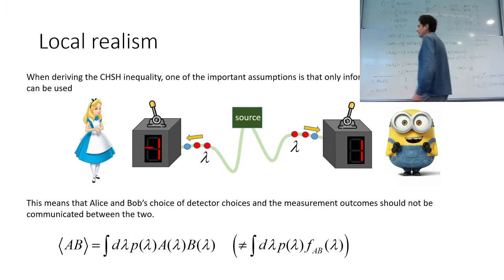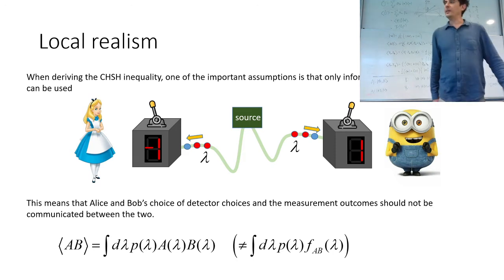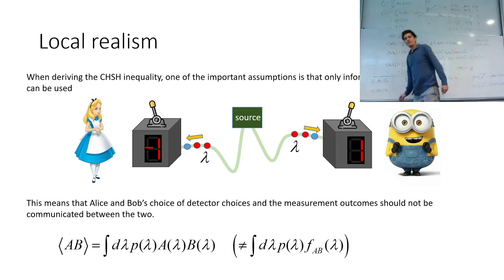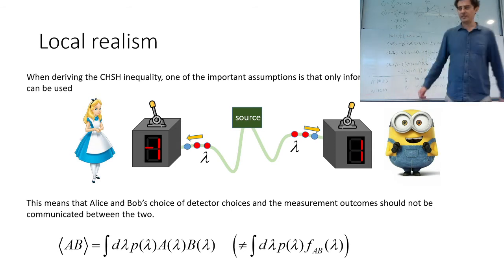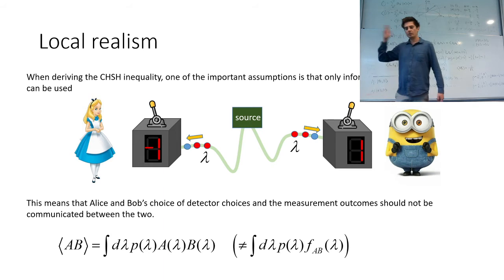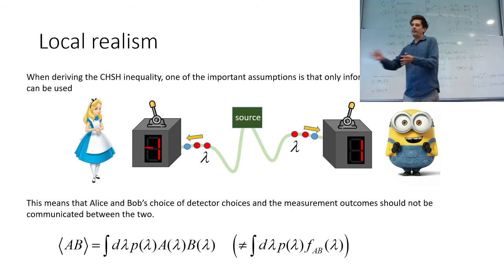I'm not really going to ask you in the exam to write an essay on local realism, but I think it's interesting to try and understand what is the source of the contradiction. On one hand you derive some inequality which supposedly should be totally general, but now we've just broken it.